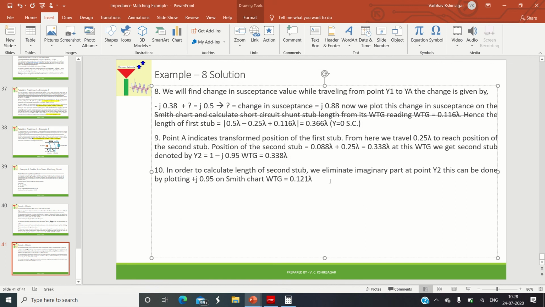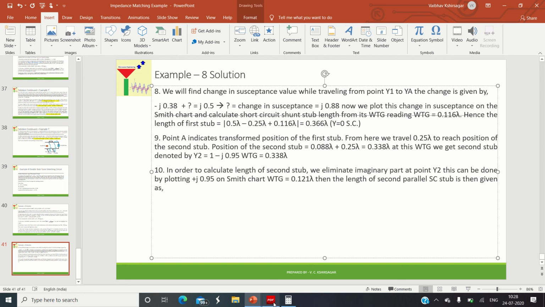Then how to find the length of the short circuit parallel stub? The length of the second parallel short circuit stub is then given as follows.